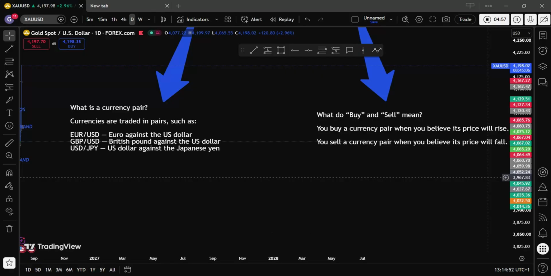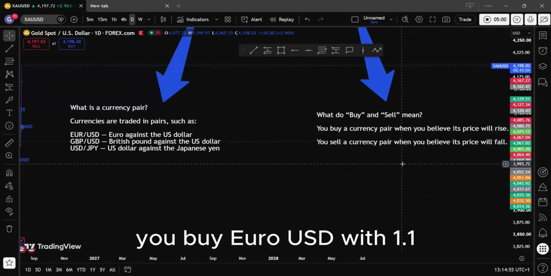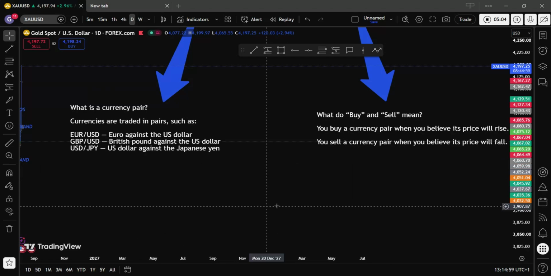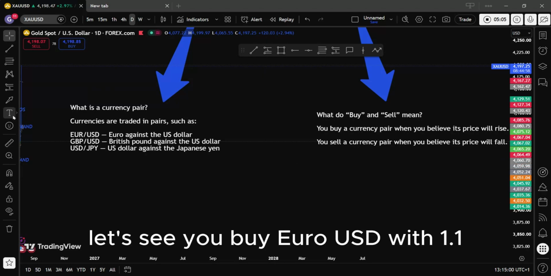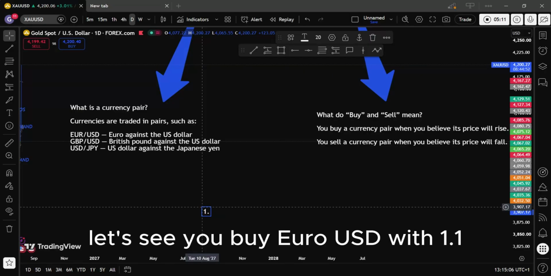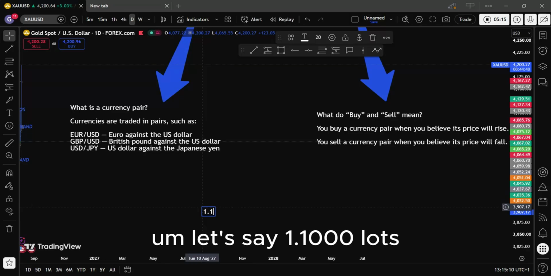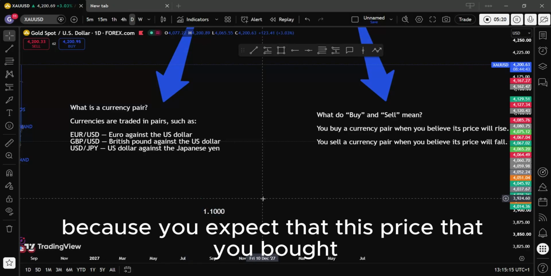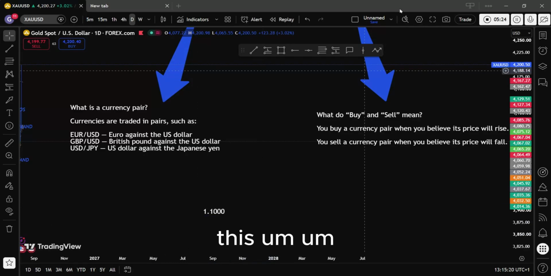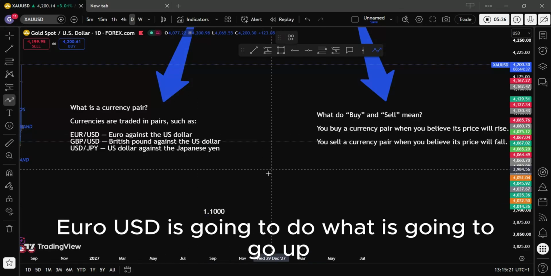For example, you buy EUR USD at 1.1000, because you expect that the price at which you bought this EUR USD is going to go up.